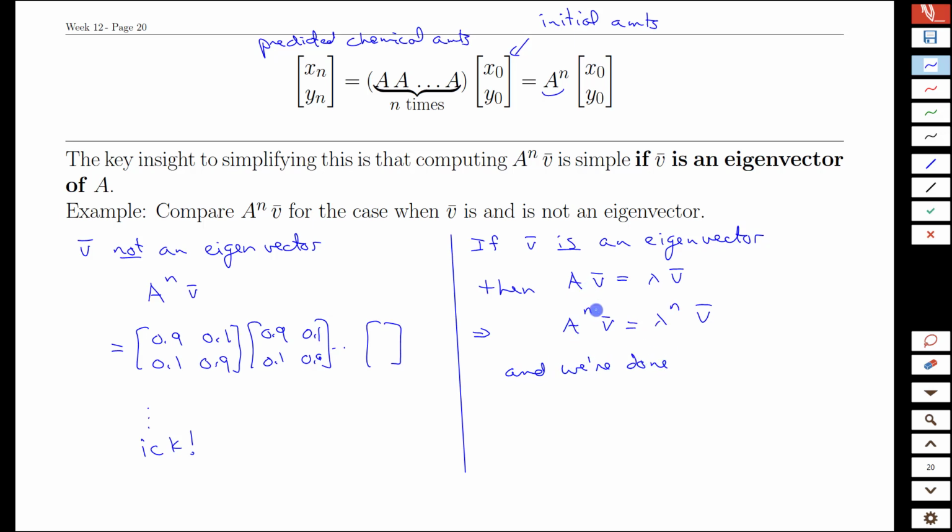You want to know what the nth power applied to that vector is? Just take the eigenvalue to the nth power and you're done. Scale it by that. And that is so much easier if we use the right vectors.